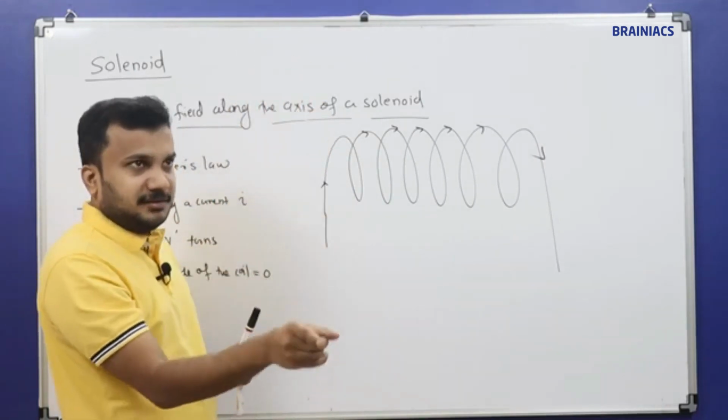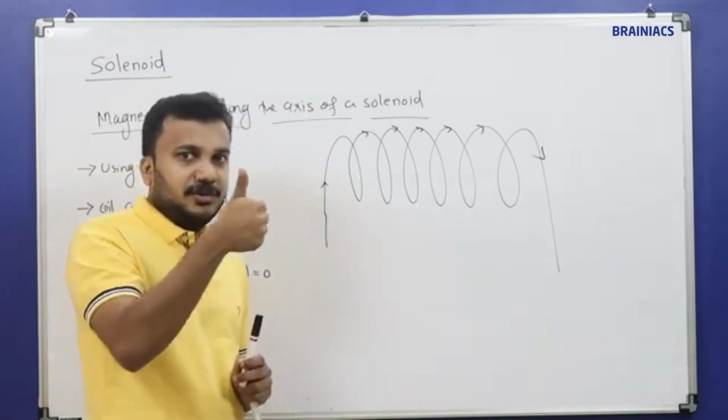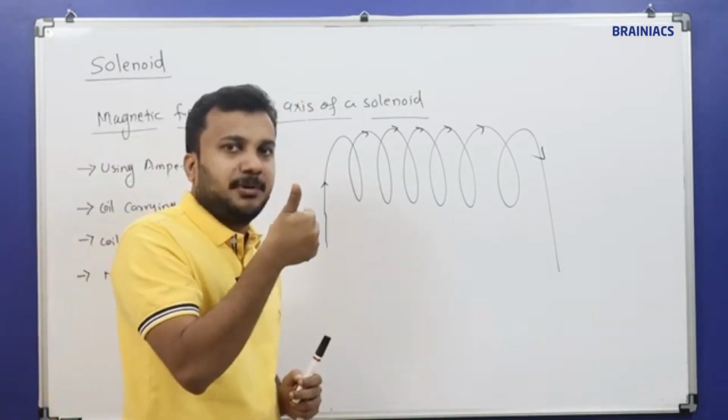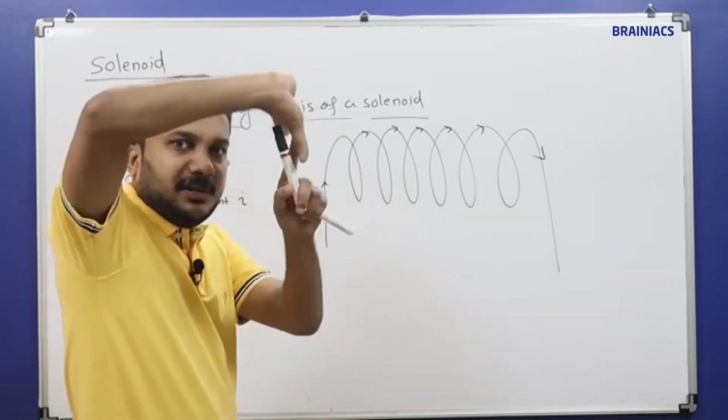If the currents are coming like this, to find the magnetic field, what will we use? We'll use the right hand thumb rule, or right hand palm rule. The current is going down, so my thumb is going down.